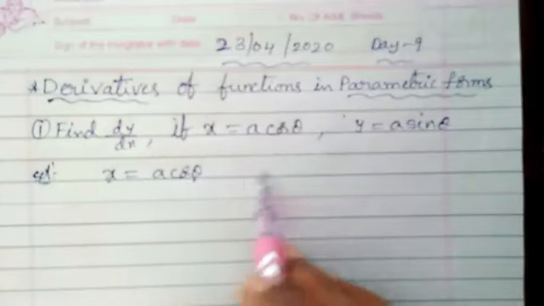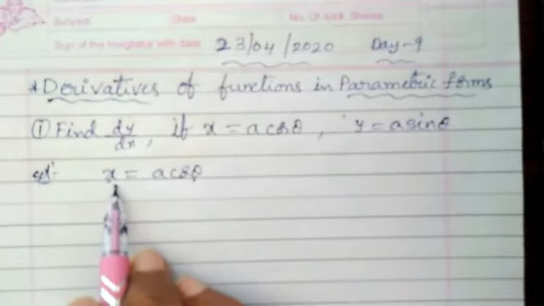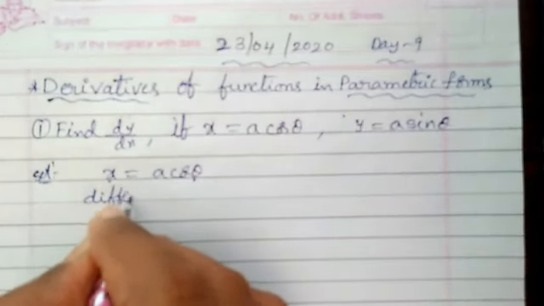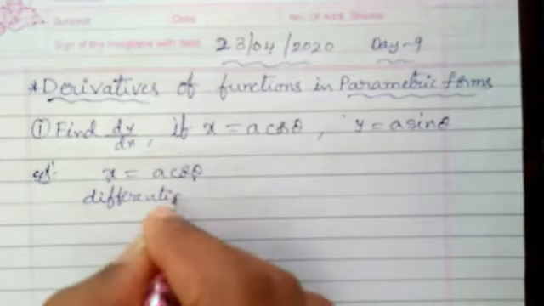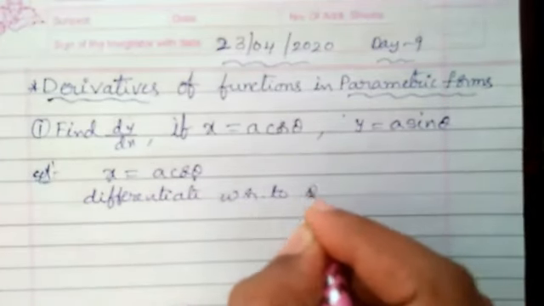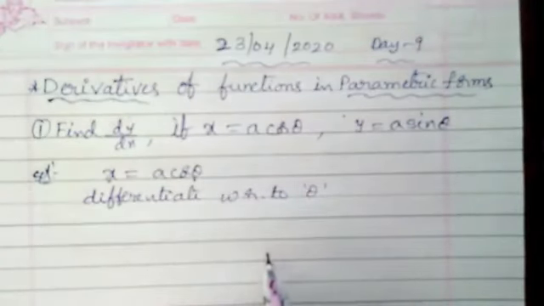Here in this parametric form, the right side element, whether theta or t, is the independent variable and this is the dependent. Now we are differentiating with respect to theta, because in this concept this is the independent variable.